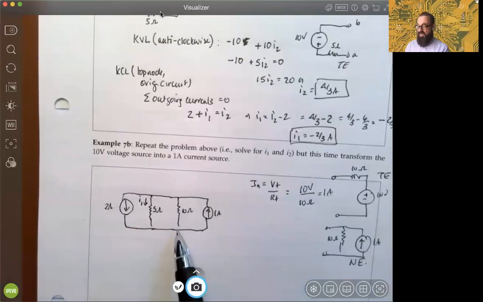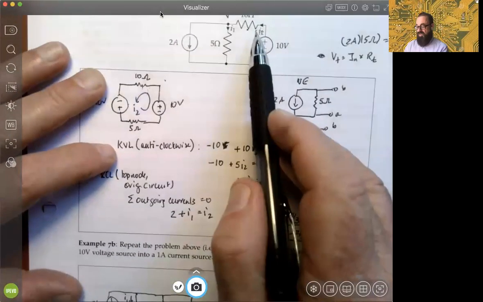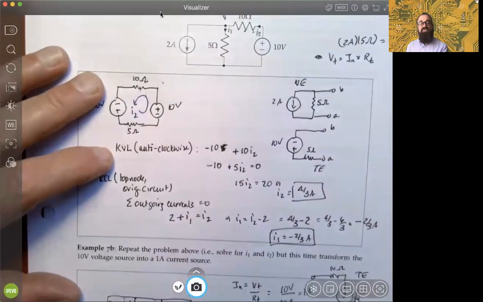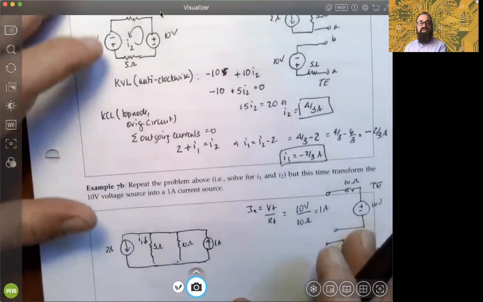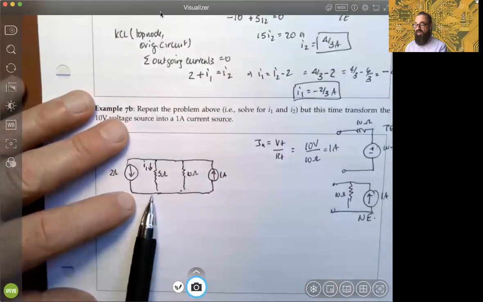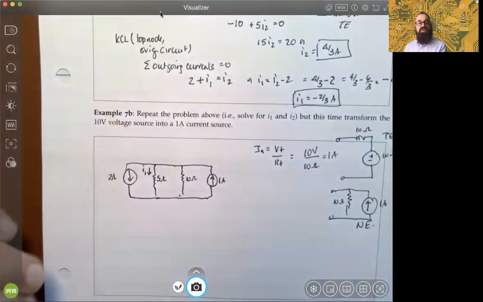Notice I'm not trying to label this current because it doesn't exist from the perspective of the original circuit. We have swapped this part of the circuit out completely, but we left this one alone, so it's still the same I1 current representation. Can we figure out what I1 would have to be?